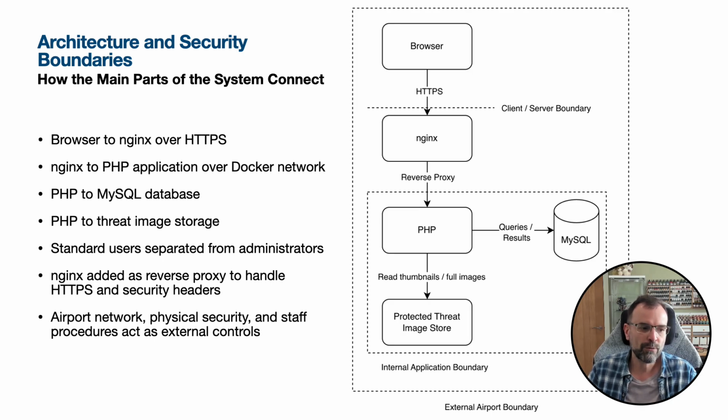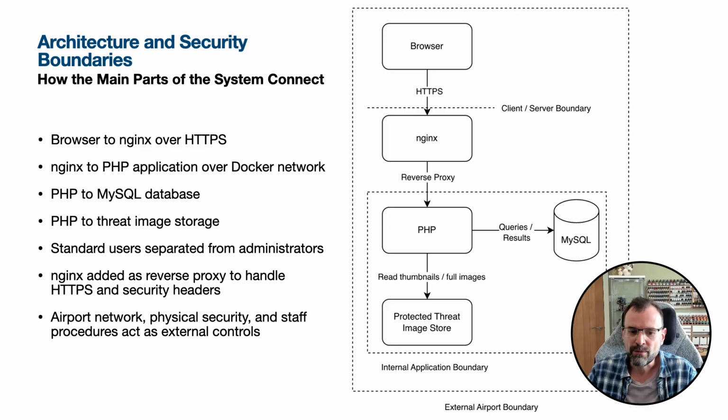No good software project would be complete without an architecture diagram, and here it's quite useful to show the architecture and any trust boundaries. We've got some key boundaries here between the user browser, the client, and Nginx over HTTPS. We've also got a boundary between Nginx and the PHP application inside Docker.